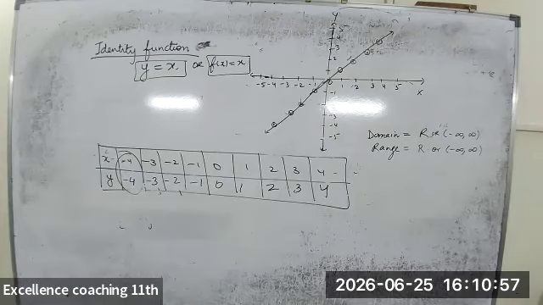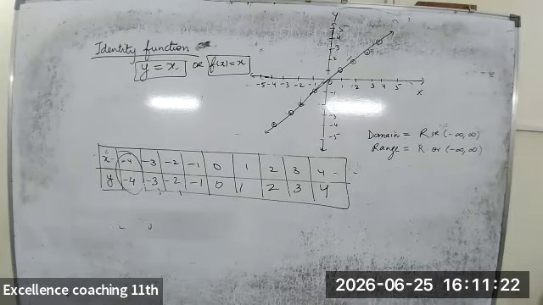No, you wrote the range wrong. Range is the same, no? Minus infinity to infinity. How do you write R? R you don't put in curly brackets, plain R. Or write whatever is this, copy paste here. Same, minus infinity to infinity.